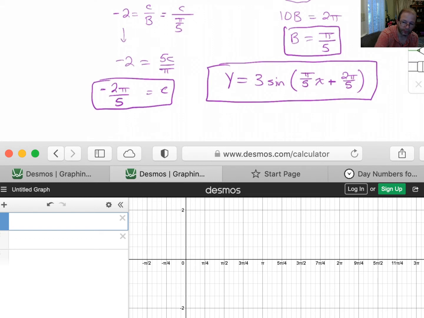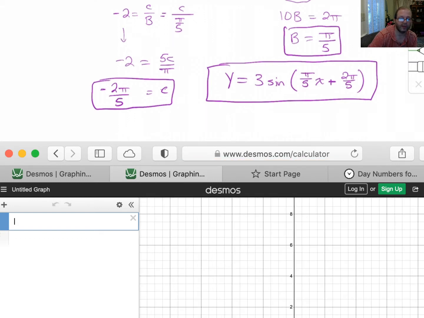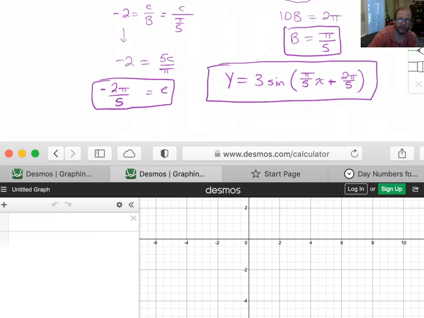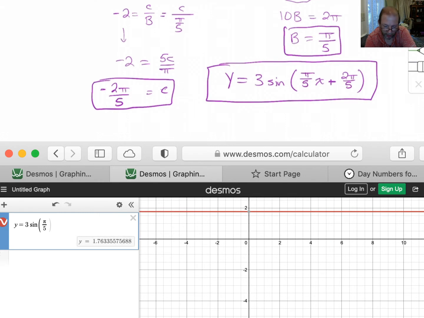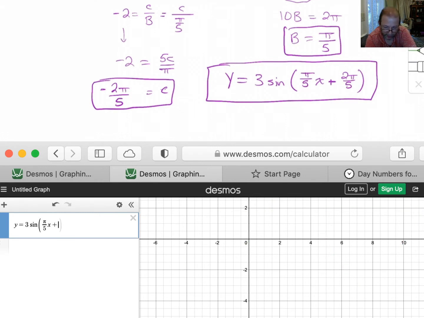I'm going to reload Desmos to get it back to the usual numbers along the x-axis. Let's see, y equals 3 sine pi over 5 x plus 2 pi over 5.